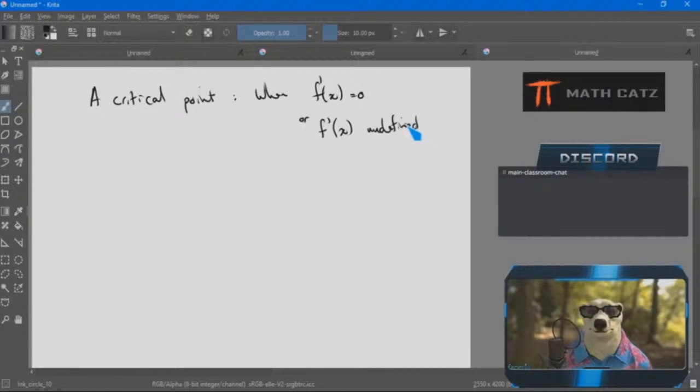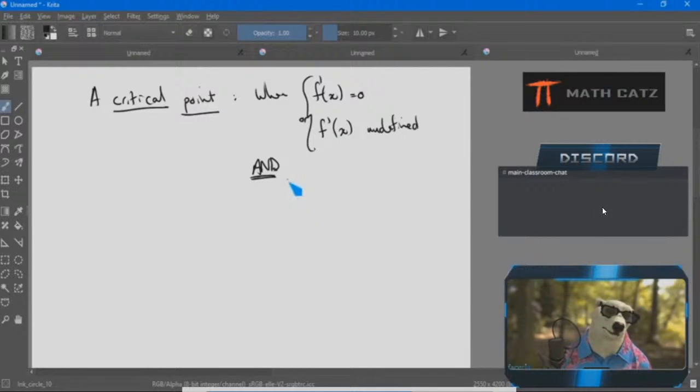So those two situations could give me a critical point. And I always check those two. And, capital and, I have to have a point. It's critical, it's important for my table out of these two checks. And it has to be a point.